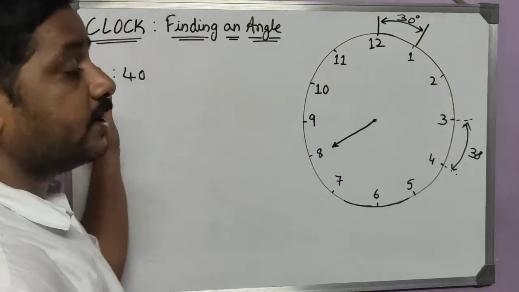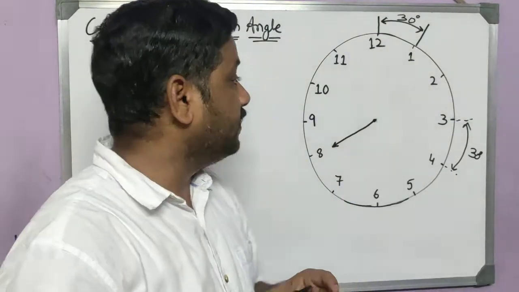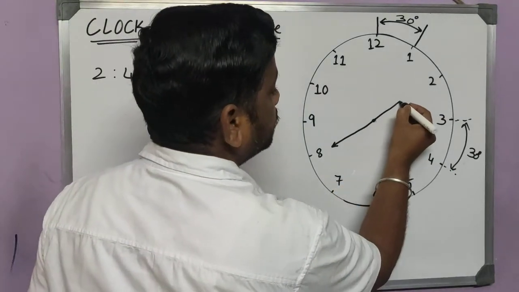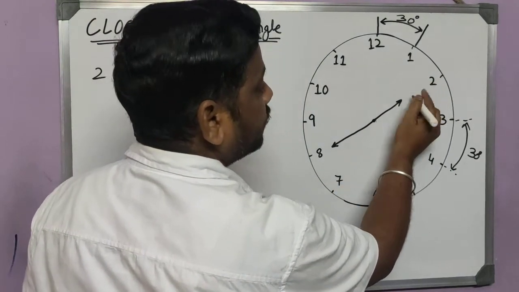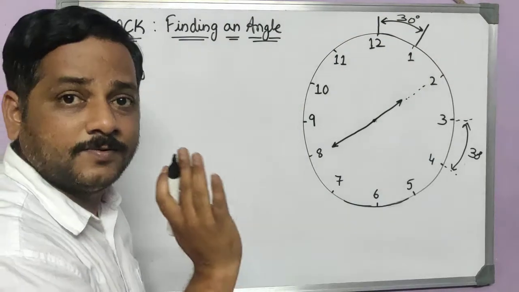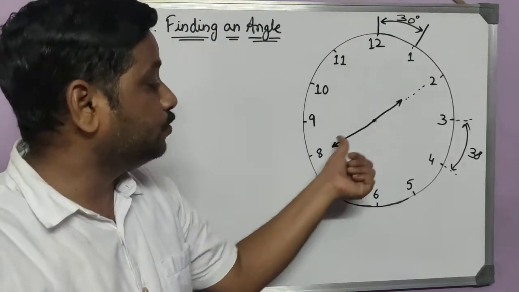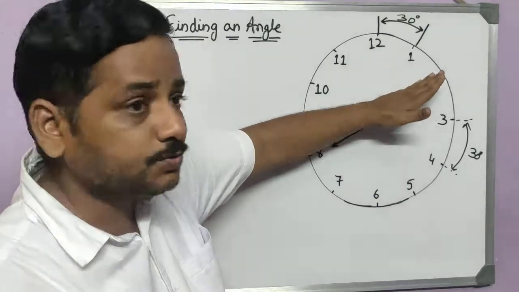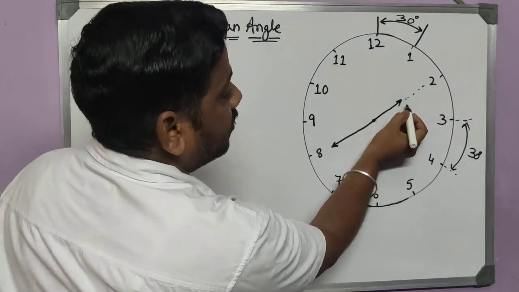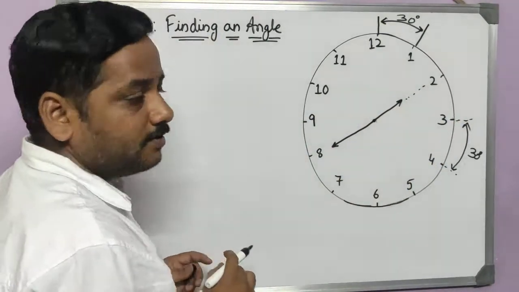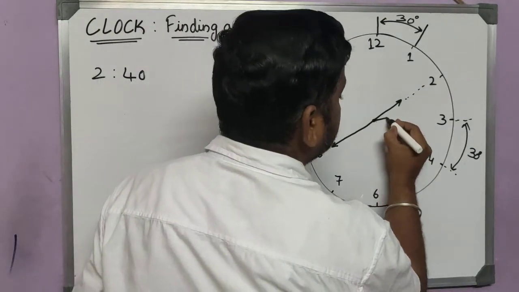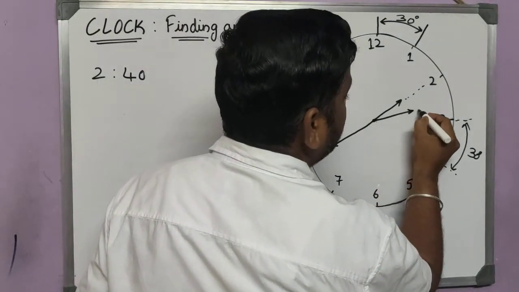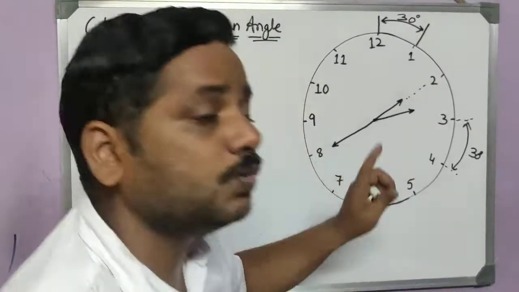And what about the hour hand? The hour hand will not be pointing exactly towards 2. Why? Because it is 2 hours and 40 minutes. So this is not exactly at 2. Now this hour hand will be almost closer to 3 o'clock. So somewhere here, in between 2 and 3.